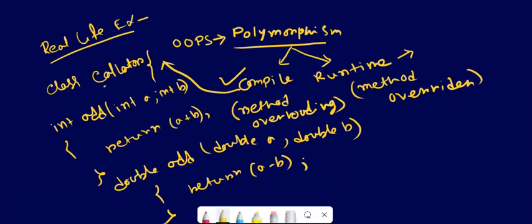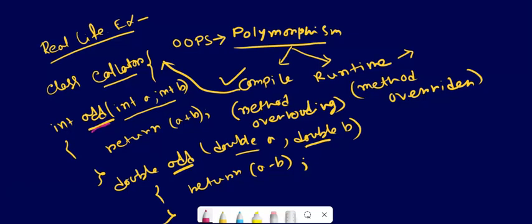Now in this example Calculator, I have two methods, you can see, an add method and an add method, but the signature is different. The number of parameters is the same, but one is taking integer type, another is taking double type values, right?